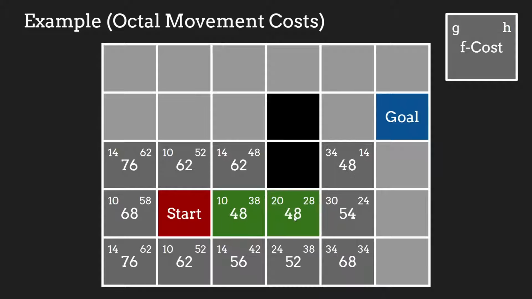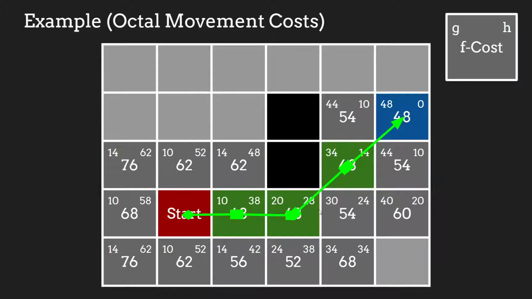So then we read the cost of the neighbors of that node. Once again, the lowest costing one is 48. And finally, reading the cost of the neighbors of that node, the lowest costing one is, unsurprisingly, our goal node, again with a cost of 48. So this is the final path that we end up getting.